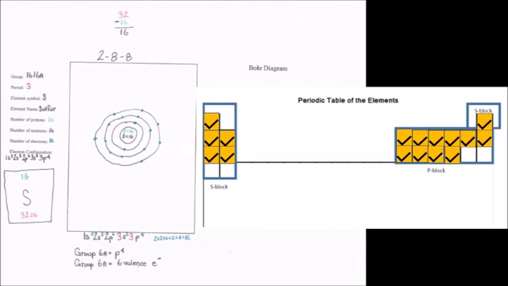So round to 32, subtract the 16 protons, and we find that in this case, luckily, we have 16 neutrons. So 16, 16, and 16, because remember, our electrons equals our atomic number, which is also the number of protons.